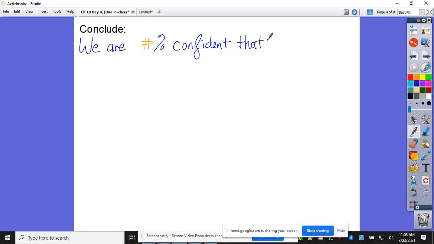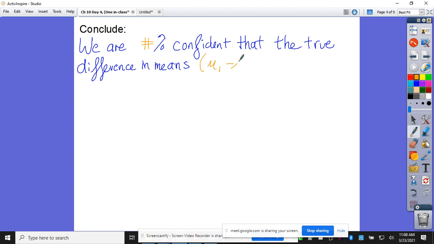We are blank percent confident that what? And which means I probably put context here again.